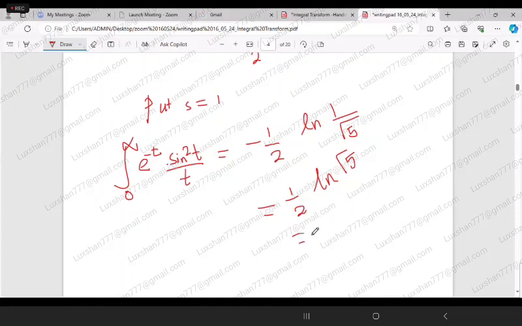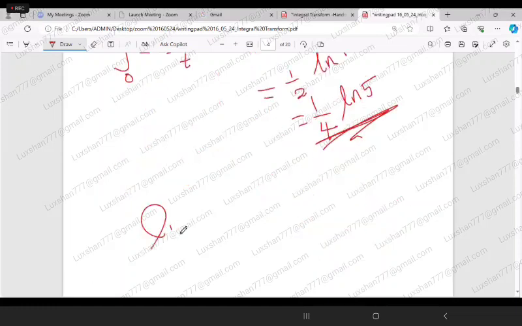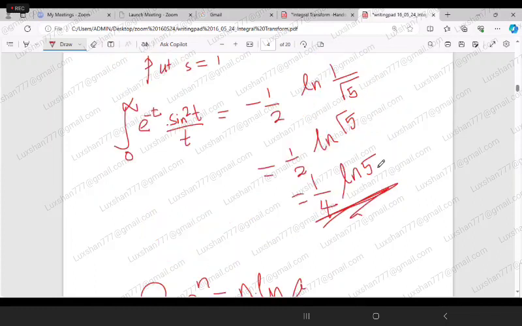So you can take 1 over half out, so that is equal to 1 over 4 into ln 5. Because you know this, no? ln a to the power n is equal to n into ln a. So using that result, you can take this one.